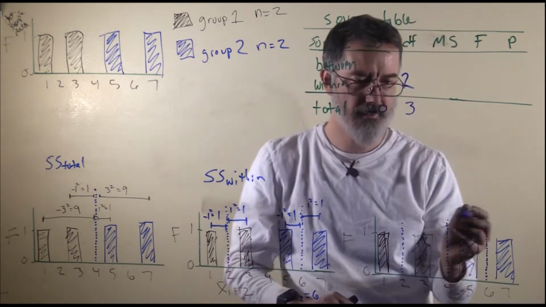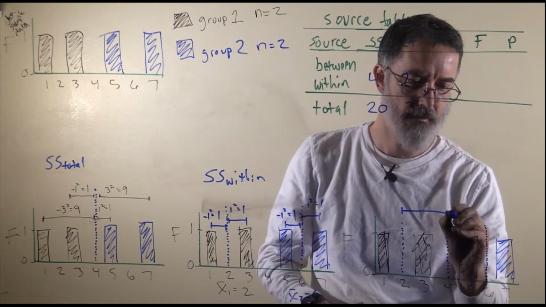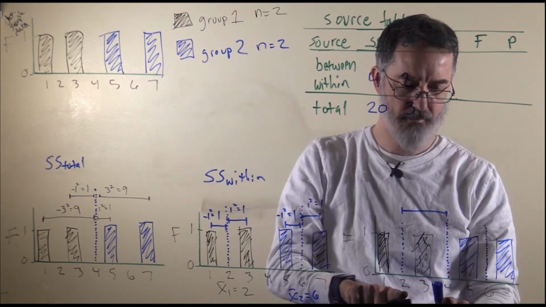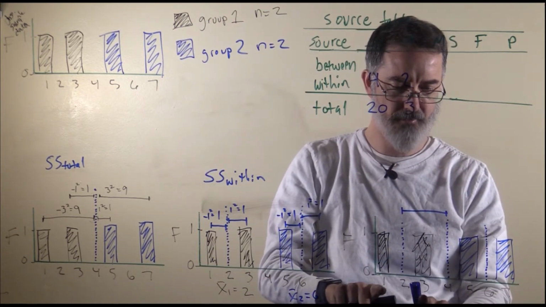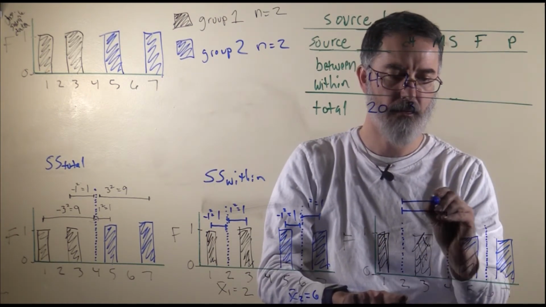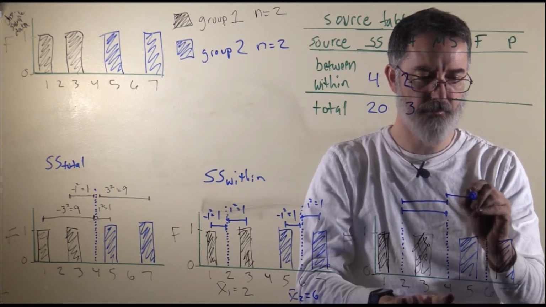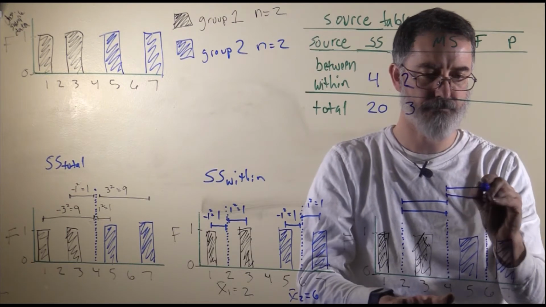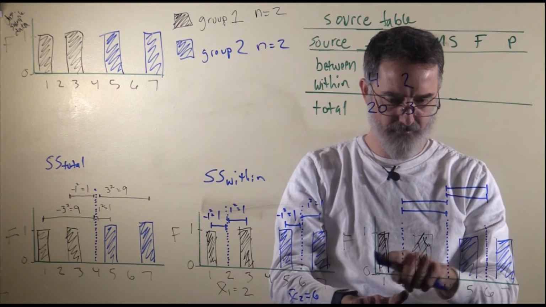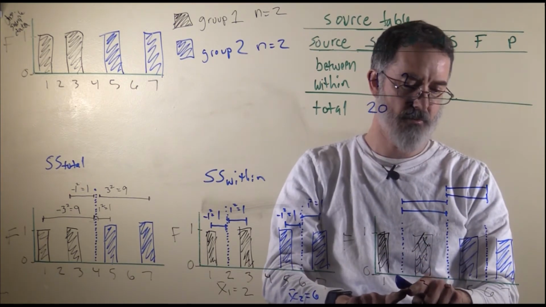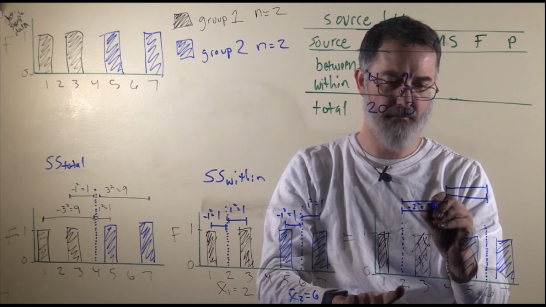So for this, our sums of squares is going to be this difference. That'll be like one of these. But we have to actually do that once for each individual in this group, and then we'll do a similar thing for these two. So for this first one, it'll be 2 minus the mean of 4, -2 squared, so we get 4 there.